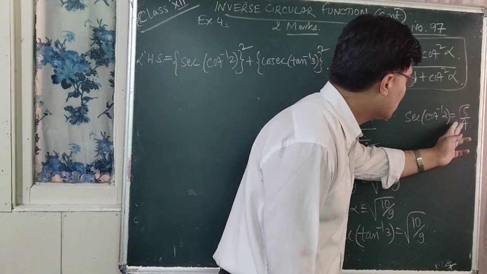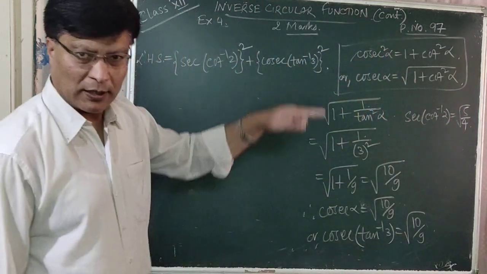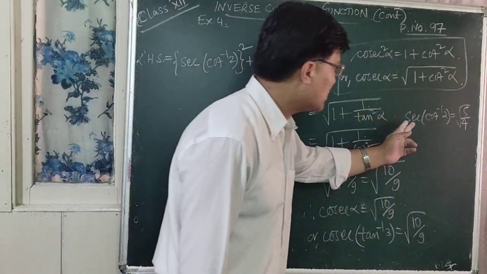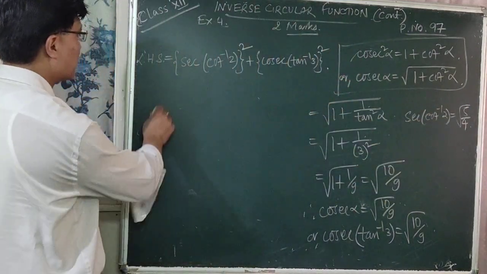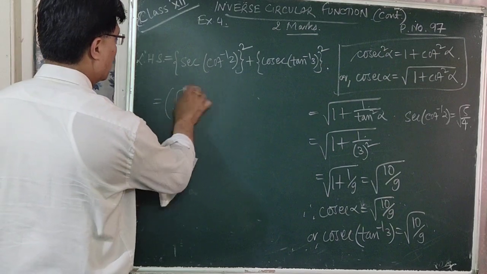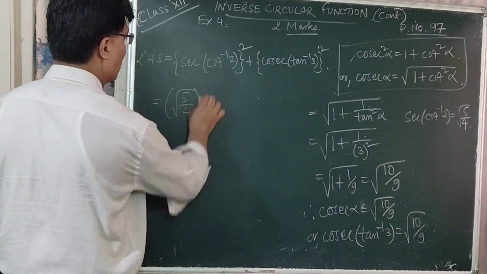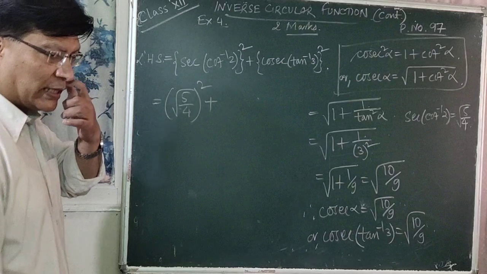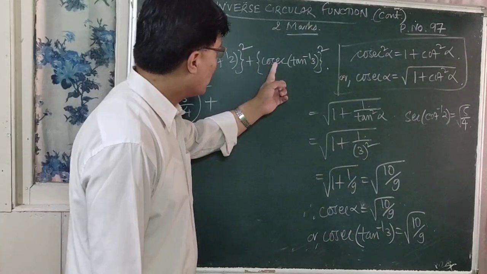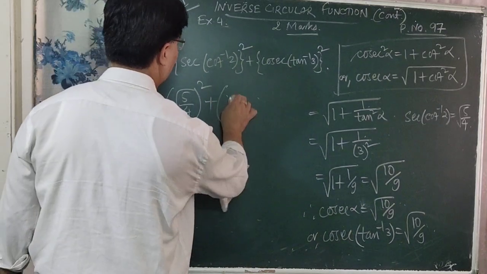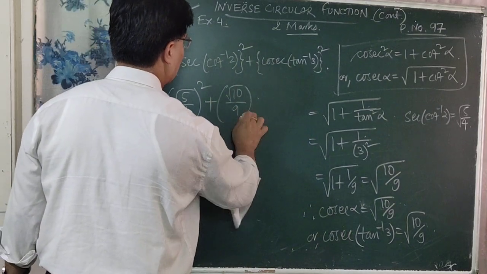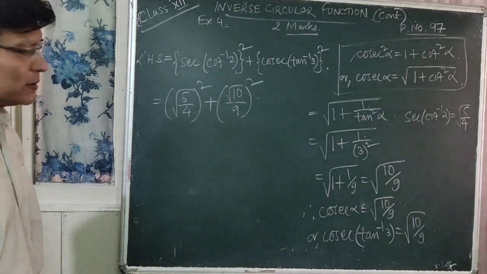Sec cot inverse 2 is equal to within square root 5 by 4. It was that. So let us write down here: within square root 5 by 4 whole square plus, right? What was the value for cosec tan inverse 3? It is root over 10 by 9 whole square, right?